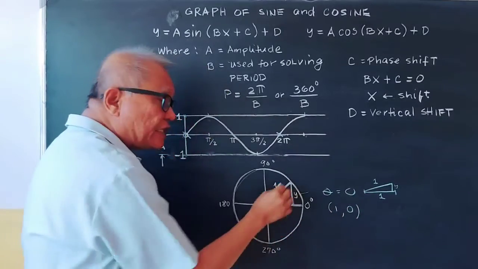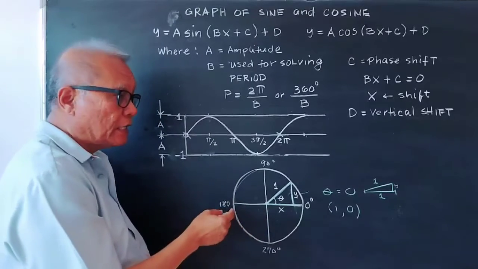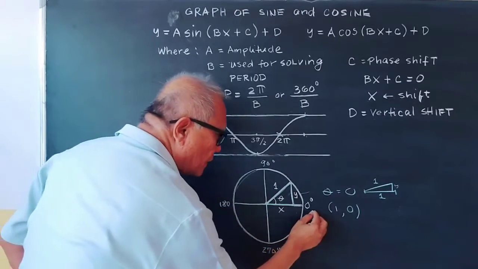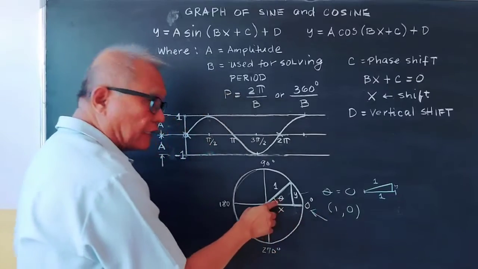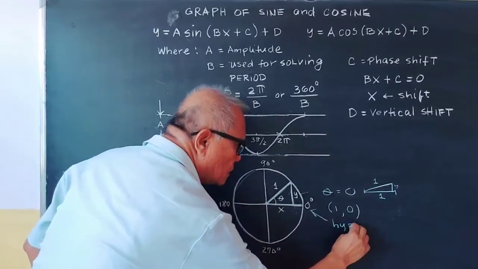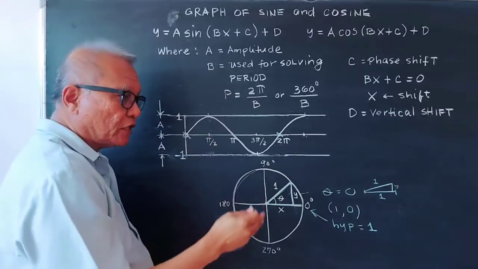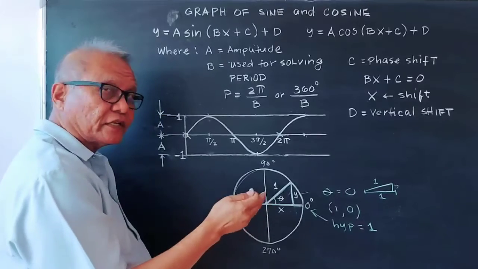And the hypotenuse is also equal to 1 because the hypotenuse is our radius. So if we have a 0 angle here, the hypotenuse is equal to 1 unit. It is not going to change, it's constant, because that is the radius.